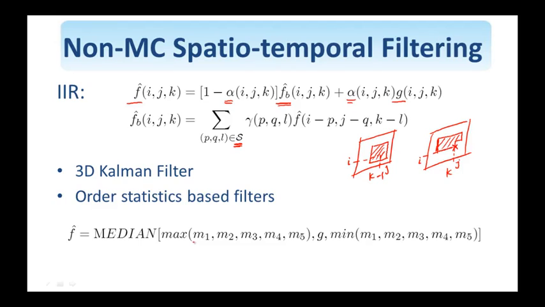So M1, 2, 3, 4 are the outputs of the unidirectional filters in the spatial domain, while M5 is the output of this unidirectional median in the temporal direction. So the final result here is the median of the maximum of these 5 outputs, the minimum of the 5 outputs, and the observation G.